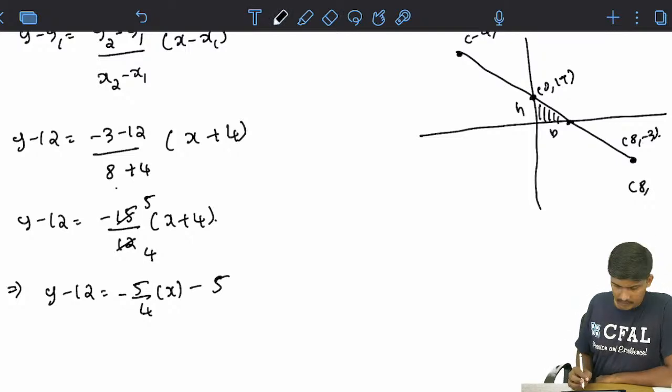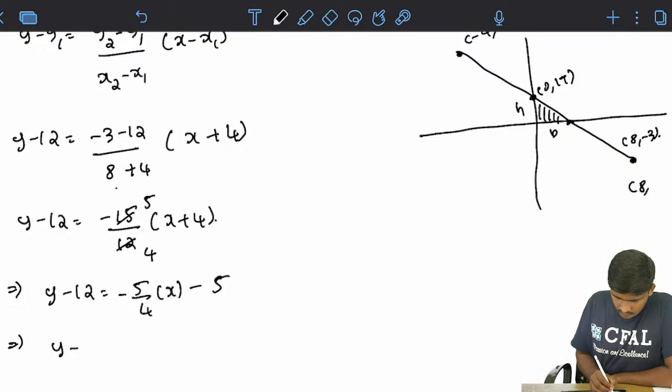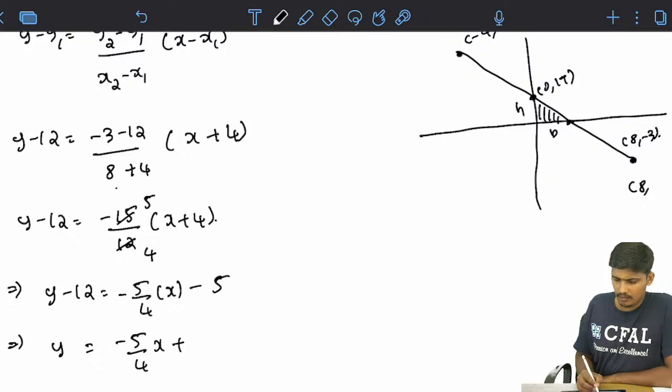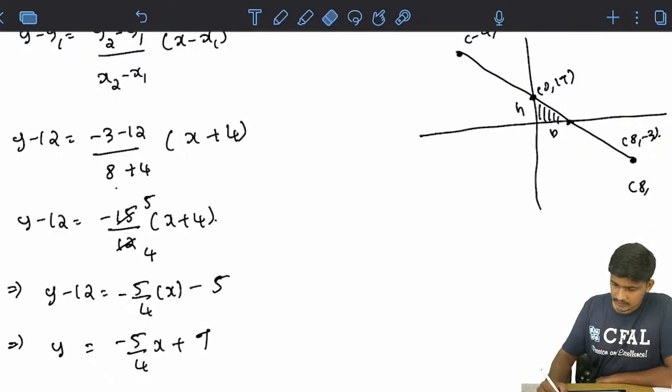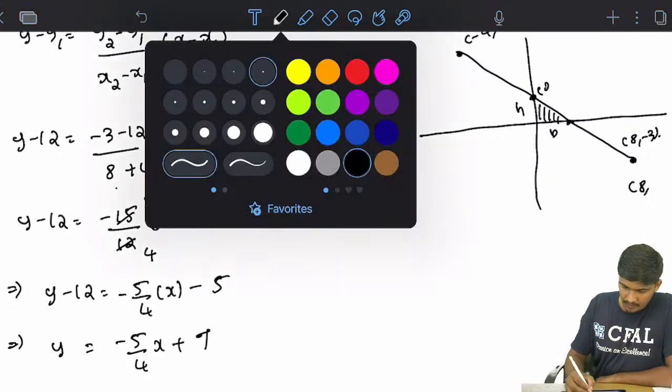So y will be equal to minus 5 by 4 x plus, minus 12 minus 5, that is just 7. Just find the y-intercept as well as the x-intercept. There was some sign error before.